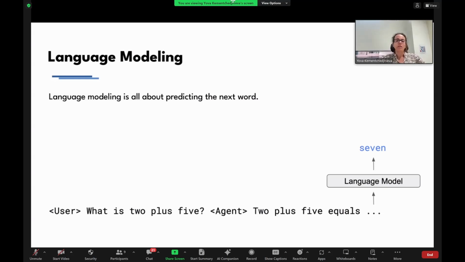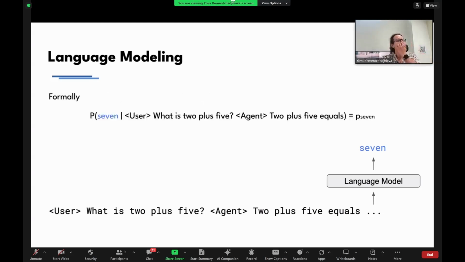So language modeling is all about predicting the next word in a sequence of words. Formally, what we're looking for when we want the language model to predict the word 7 is a probability for the word 7 out of a list of all the possible words the language model can predict, conditioned on this past context, which is the conversation that has happened so far.